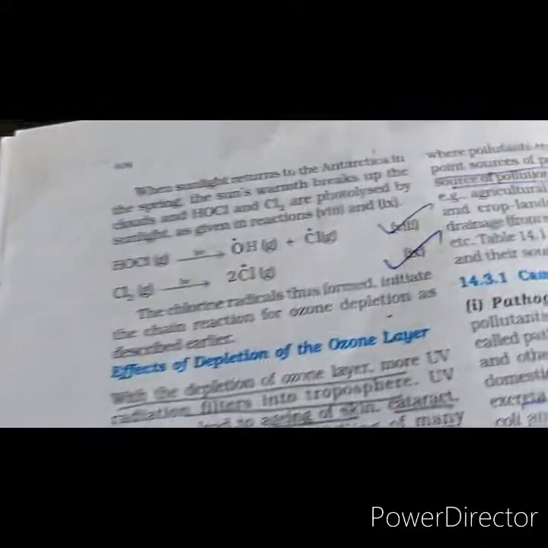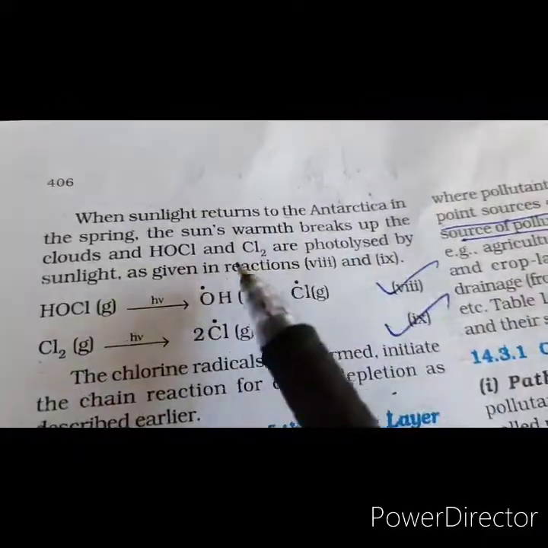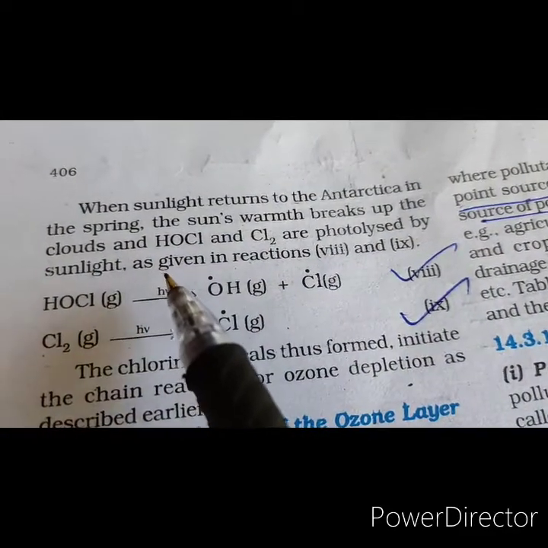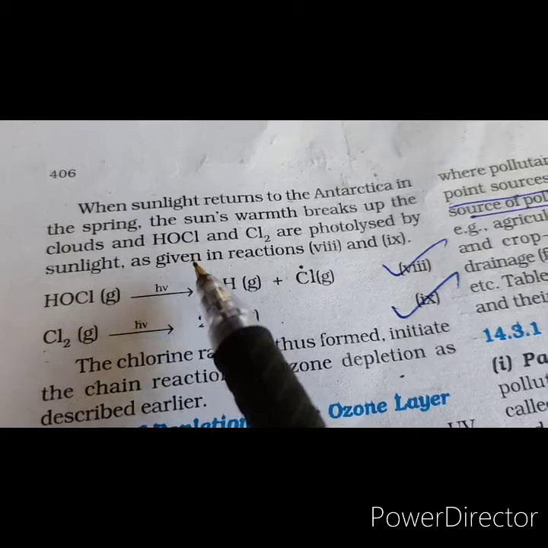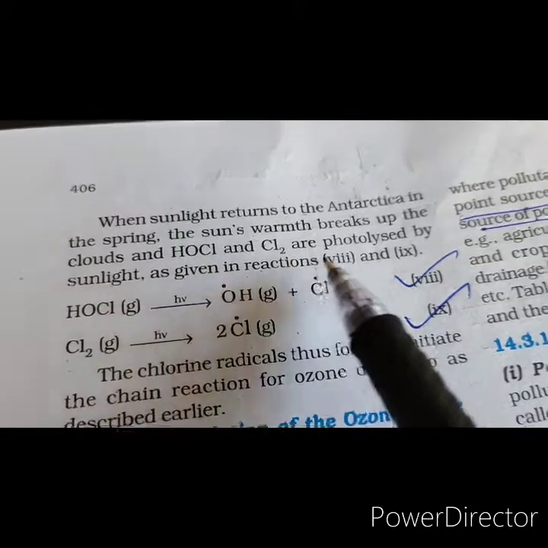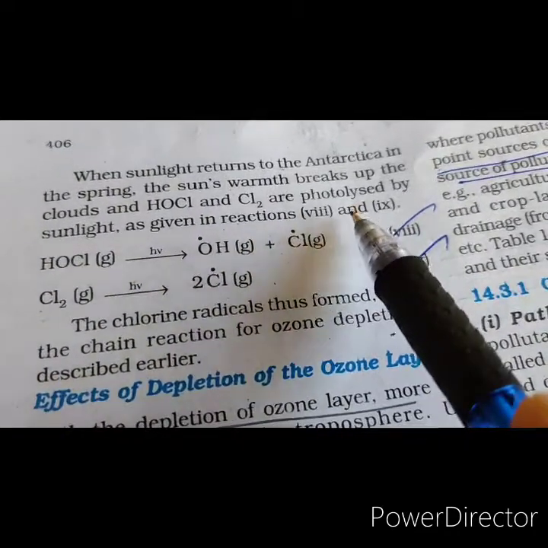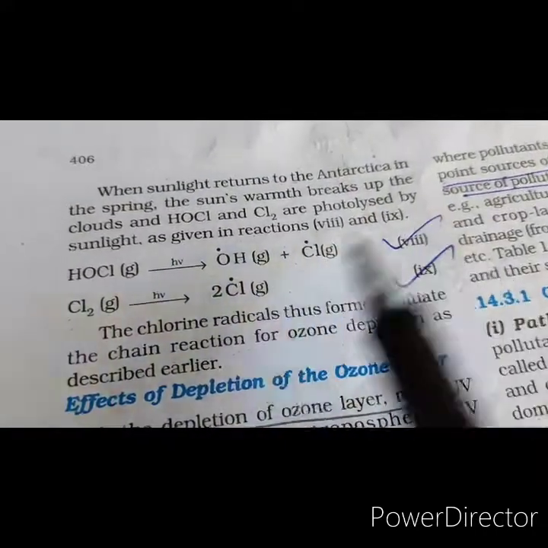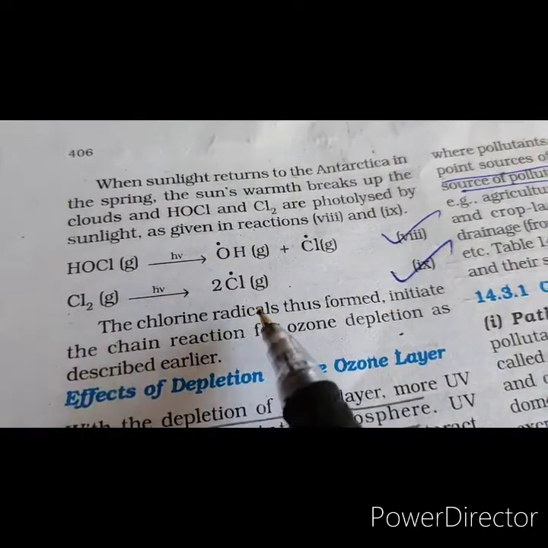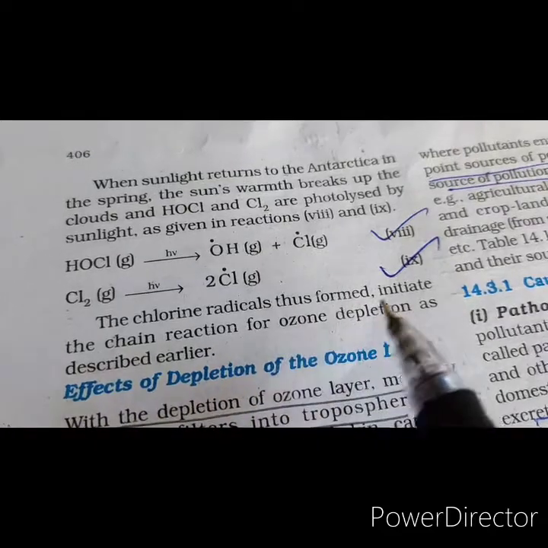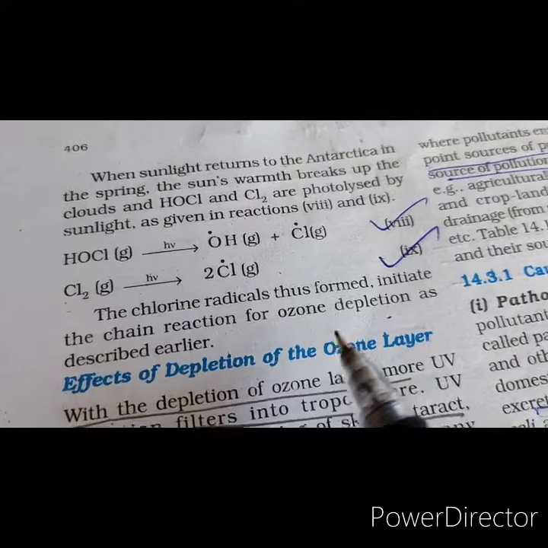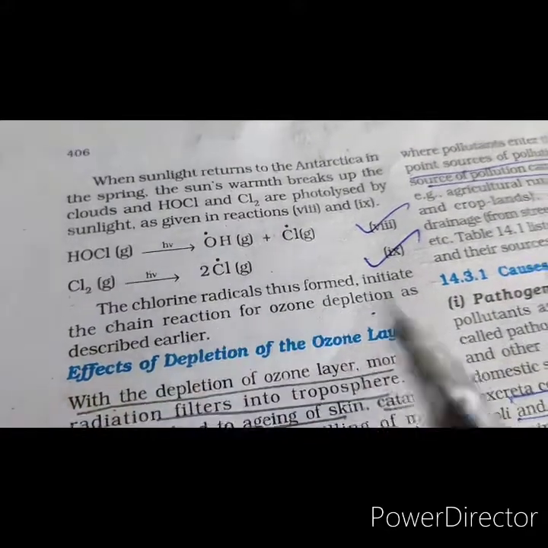Now as the summer returns in Antarctica, the sun's warmth breaks up the polar stratospheric clouds, and hypochlorous acid and chlorine are again photolysed, that is, undergo photolytic reactions, as a result of which chlorine radicals are formed. Thus the chlorine radicals again initiate the chain reaction for ozone depletion.